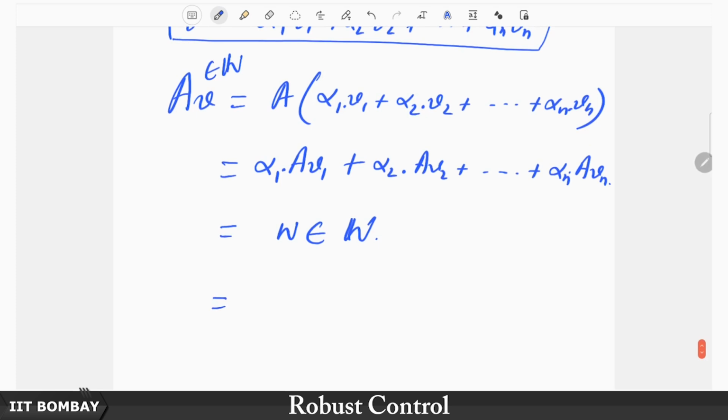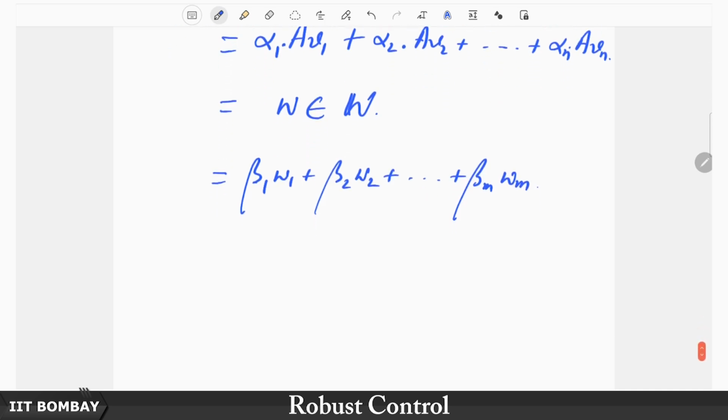So therefore this can now be written as beta 1 W1 plus beta 2 W2 plus beta m Wm, all right.